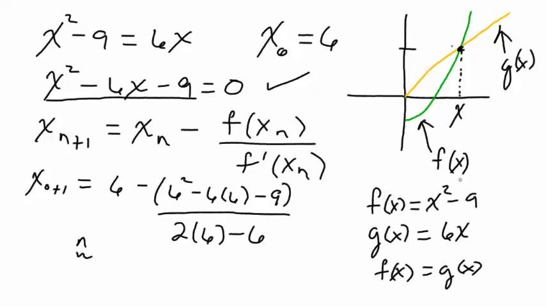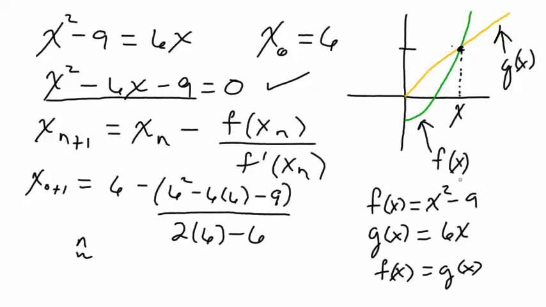What I do on the calculator is I take answer, and I go minus 6 squared, or answer squared, minus 6 times answer. Remember, answer is equal to 6, and then minus 9. Oops, need a minus 9. Divide that by the bottom stuff: 2 times answer minus 6. Got a lot of 6's going on in here.